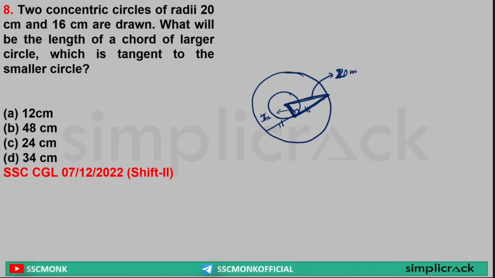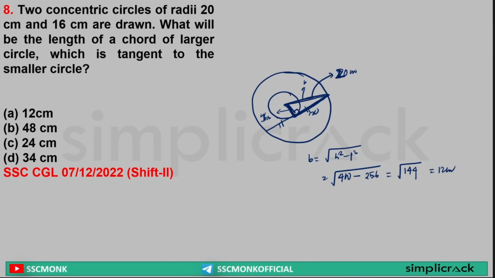This is 16, this is unknown, and this is 20, right? This is my H, this is my P, this is my B. So B is equal to the square root of H square minus P square. That is 20 square, 400, minus 16 square, which is 256. Square root of 400 minus 256 is 144. Square root of that is 12 centimeter.